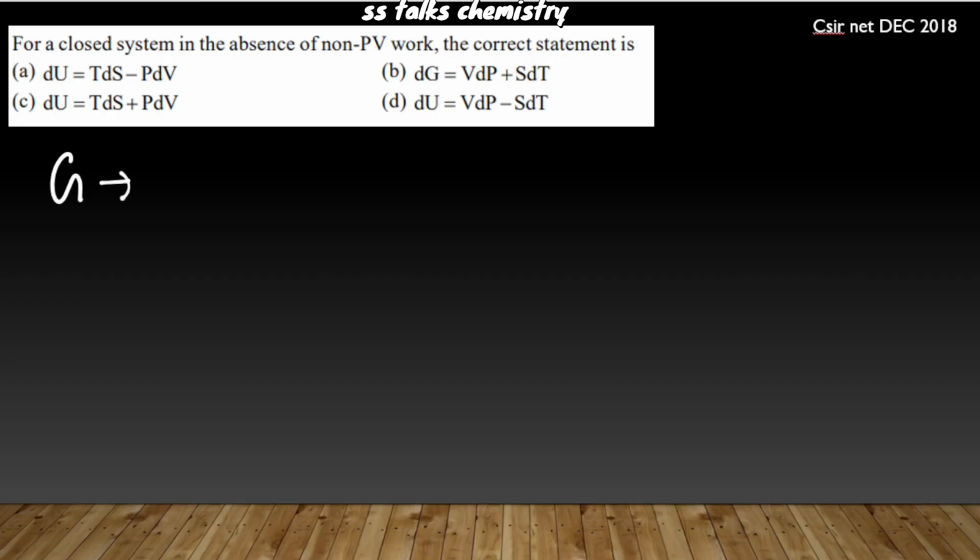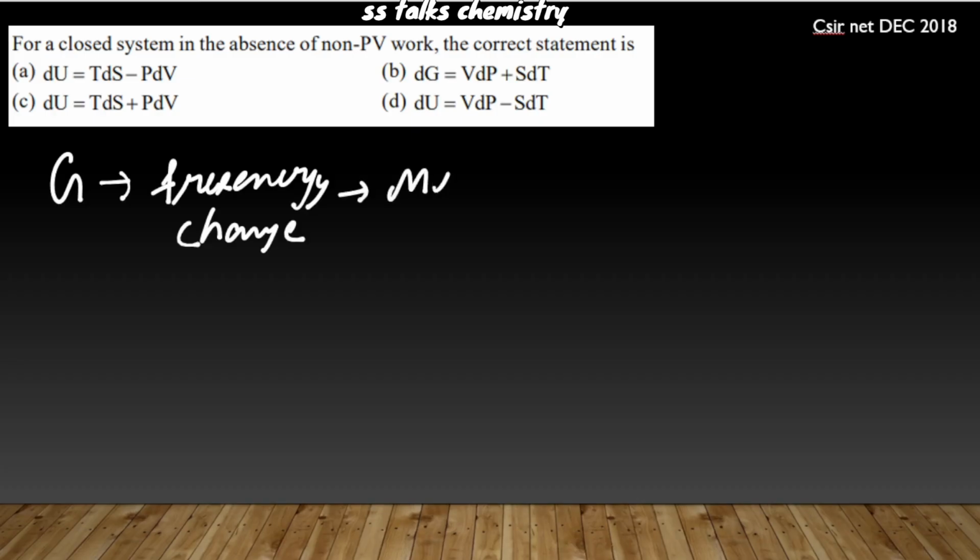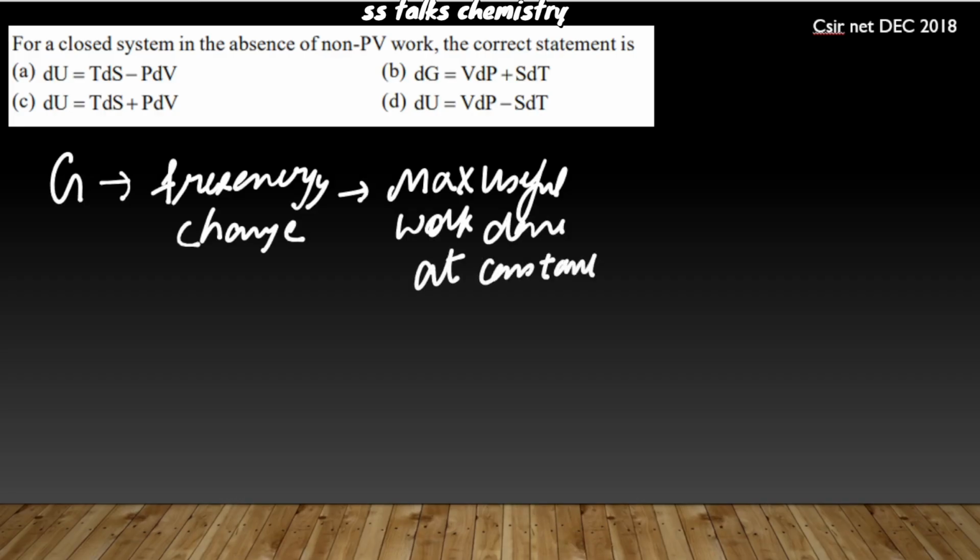The G value, the free energy change, gives us the maximum useful work done at constant temperature and pressure.